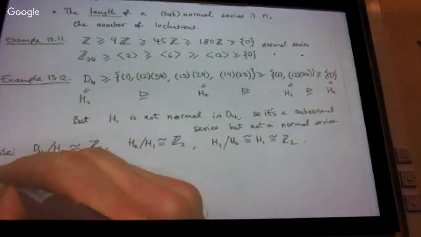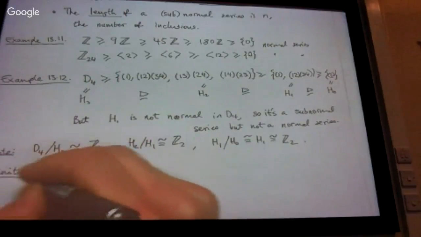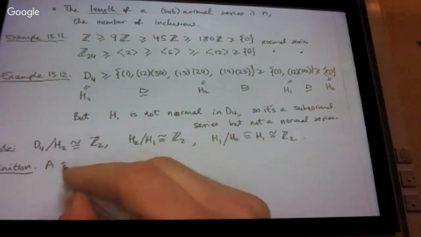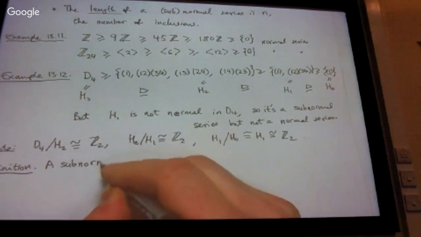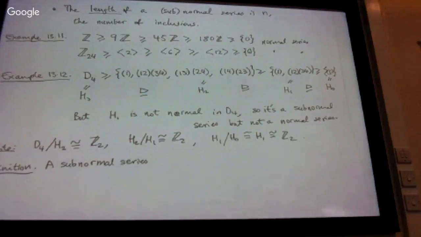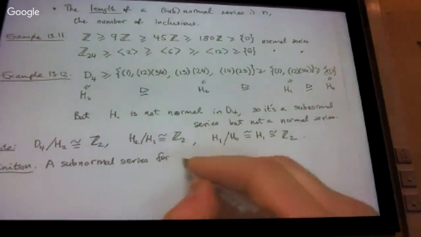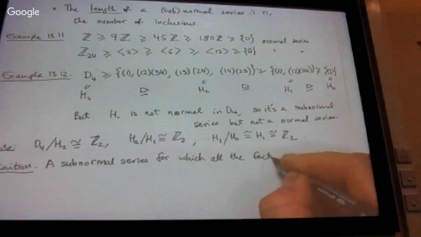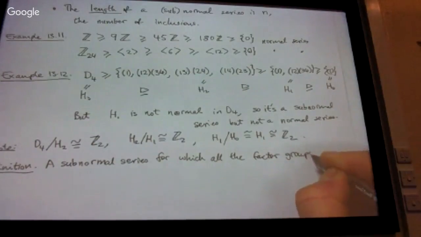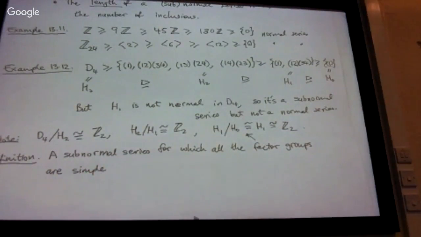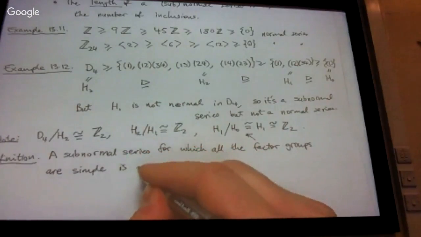So the definition is somehow different, but it means the same. A subnormal series for which all the factor groups are simple is called a composition series.